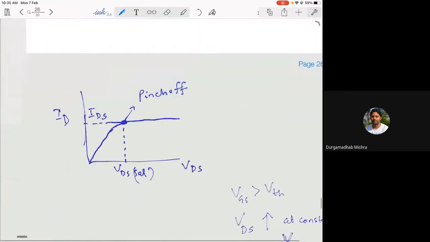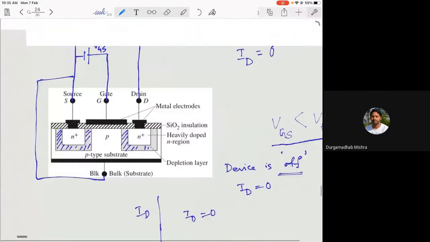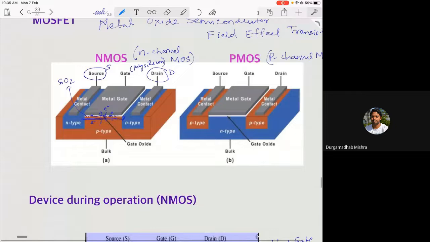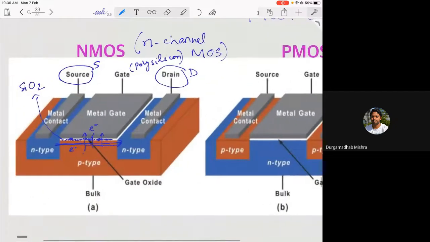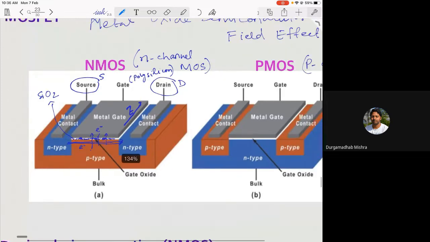So Z and L you can understand from this picture here. Z would be the width of the gate, let's say this one is Z, and the other one will be your L. Again, this is a geometric dependence.